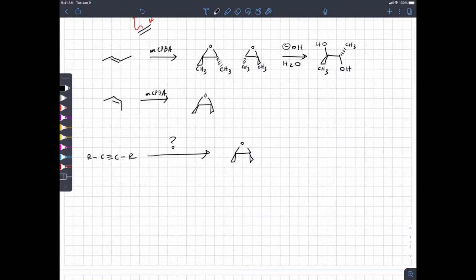So they call this two-reaction series anti-dihydroxylation. Not its own thing to memorize.